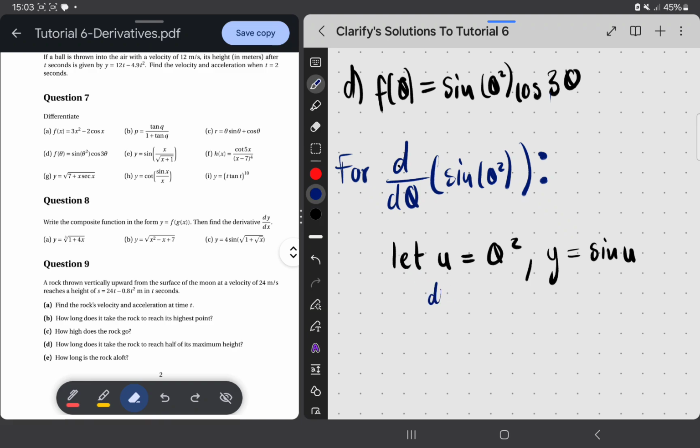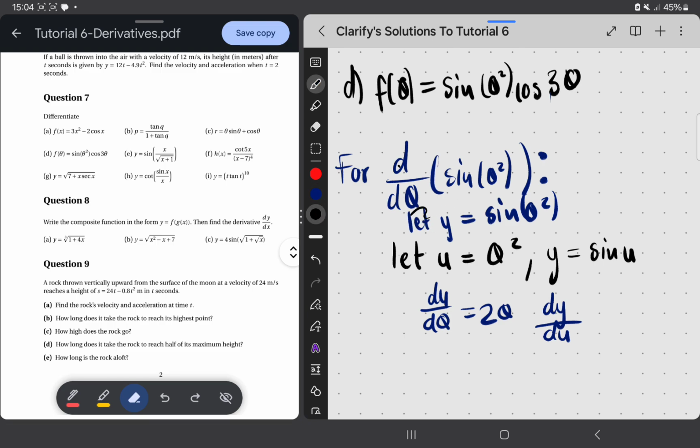Now we'll say du d theta is going to be 2, it drops down, it becomes 2 theta. Then we can now say dy du. You can even say let y be equal to sine of theta squared, this first thing.